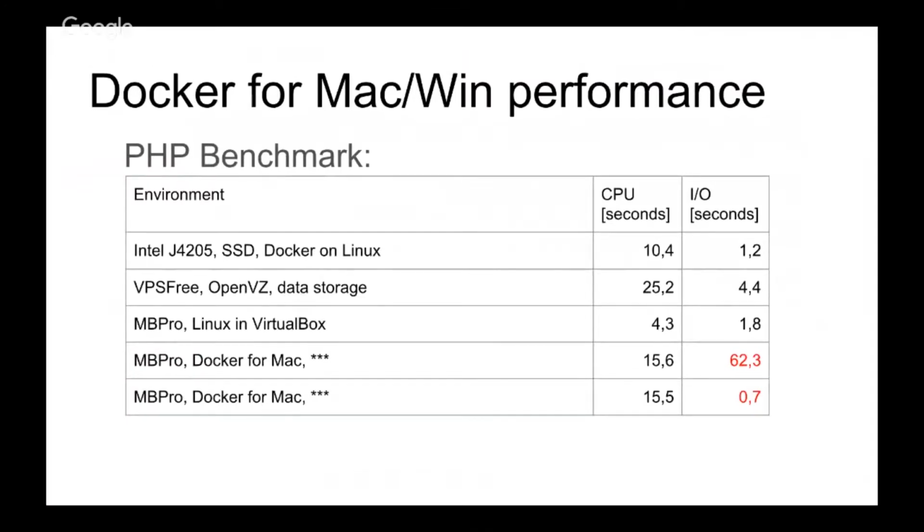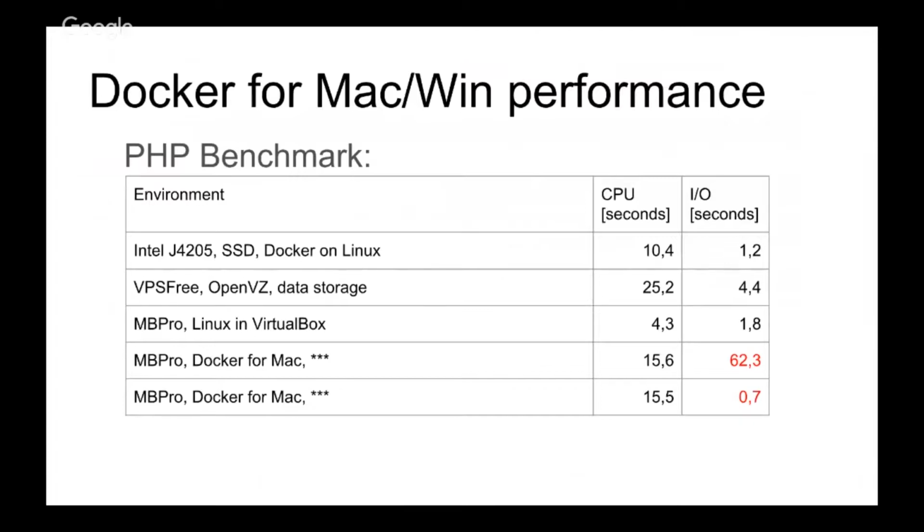Later, I found a simple PHP benchmark, and it had two main sections. One was about CPU and calculations, and the second was about the file system. And we found that there is almost no problem about CPU on Mac, but there was a really huge problem with I/O.